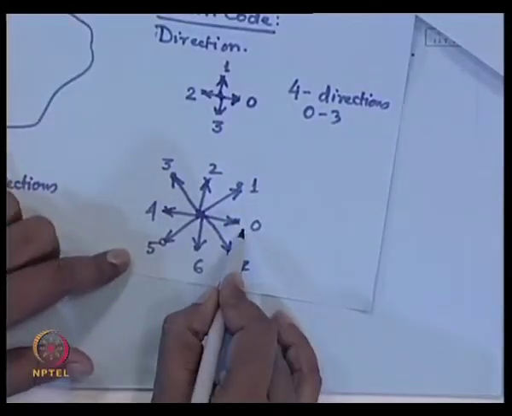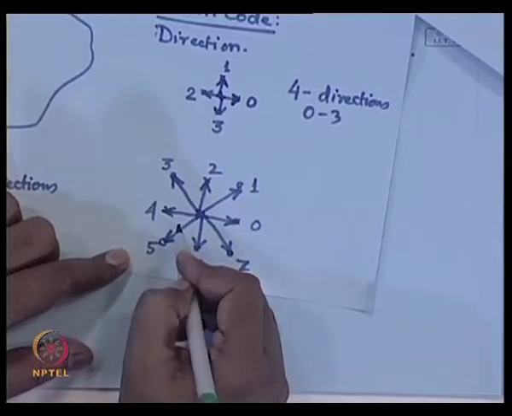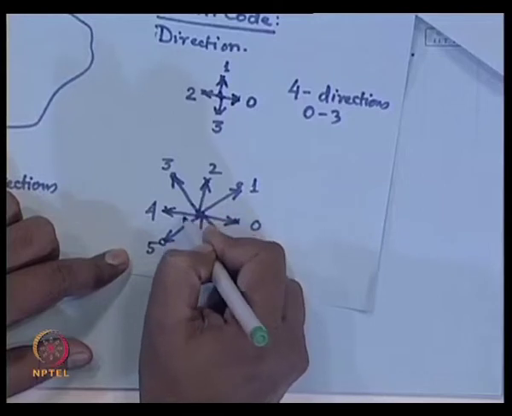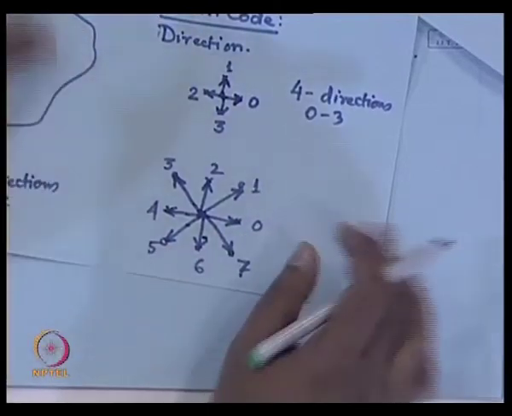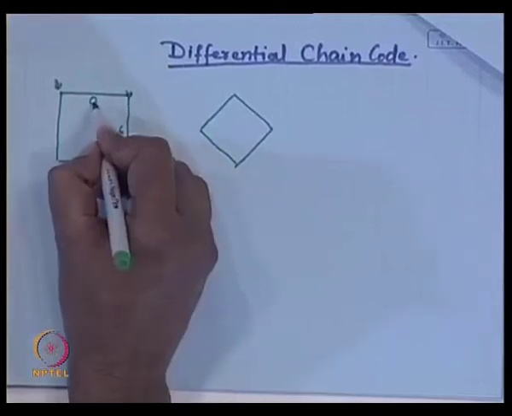So, this is 0 and this is 6. If I follow anti-clockwise rotation, I have to move 1, 2, 3, 4, 5, 6 steps. So, I code this as 6. However, to this I have not yet given any code.